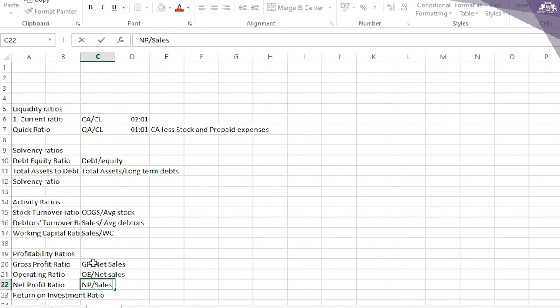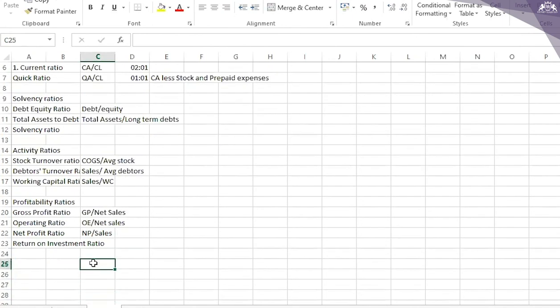A higher net profit ratio, better the business. Higher the profits, good the business is doing. It's working more efficiently. And return on investment is profit before interest and taxes divided by capital employed. It tells us how the company is performing overall.